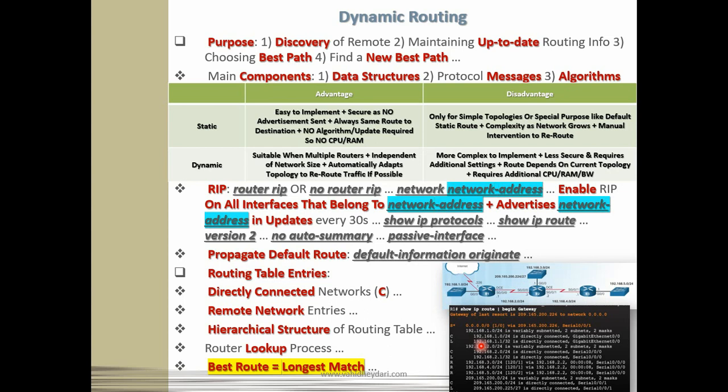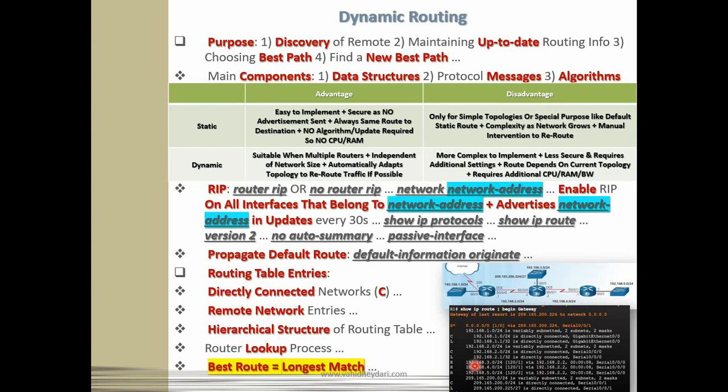Same for any of these routes that have been learned by RIP. We again have /24 and /24; the subnet mask for these remote networks is equal to that of the classful subnet mask for 192.168 networks, and therefore they are all considered level 1 routes.